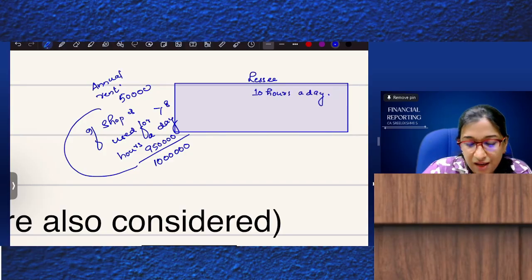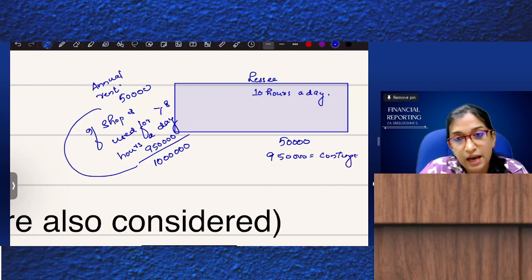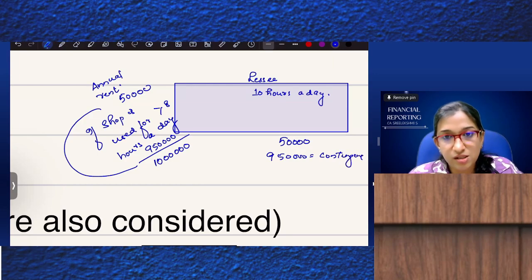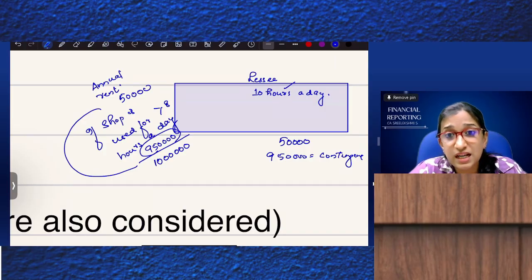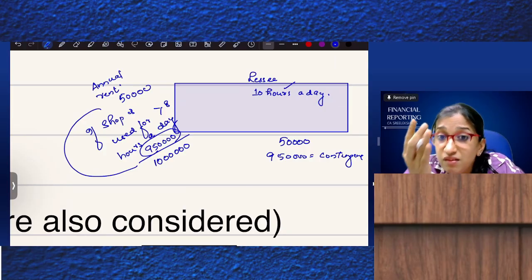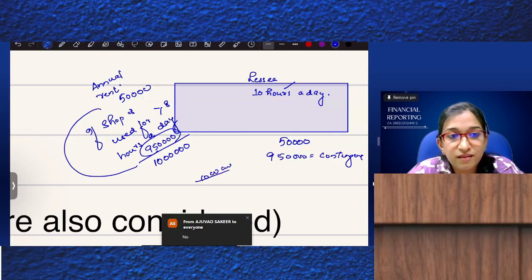So can I say 50,000 is fixed and 9,50,000 is contingent? I cannot say, because it is a confirmed, definite payment, right? Every day, 10 hours if you work, so is it contingent? It is confirmed that you should pay 10 lakhs every year.